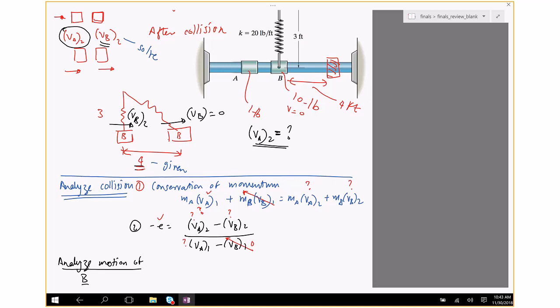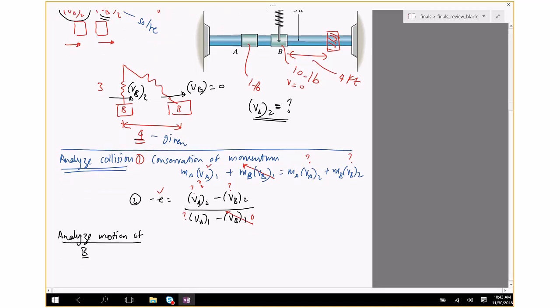So the analysis of motion of B would be, we would use conservation of, there's a third one, energy. Okay, so that states that T1 plus V1 equals T2 plus V2.